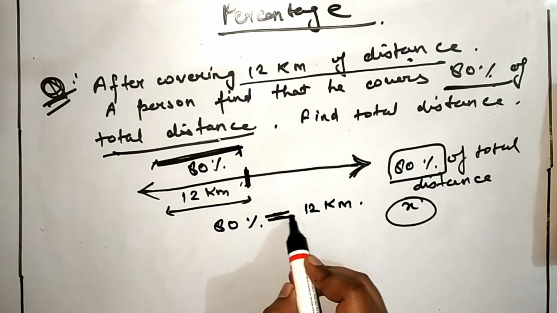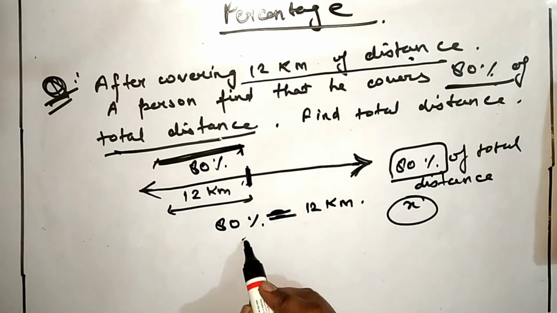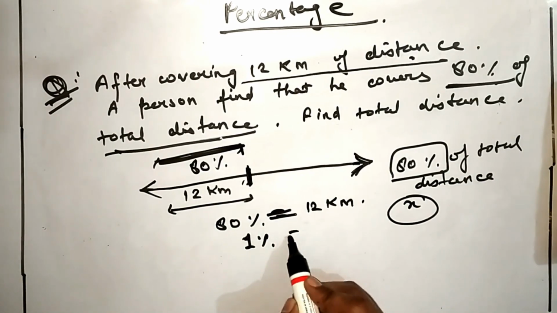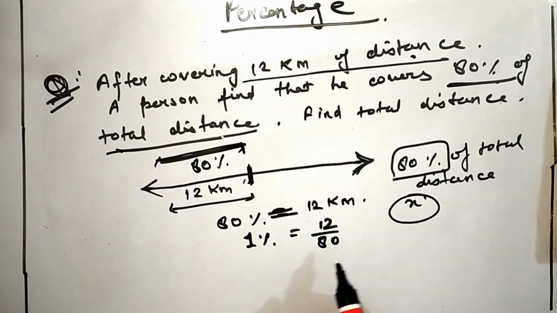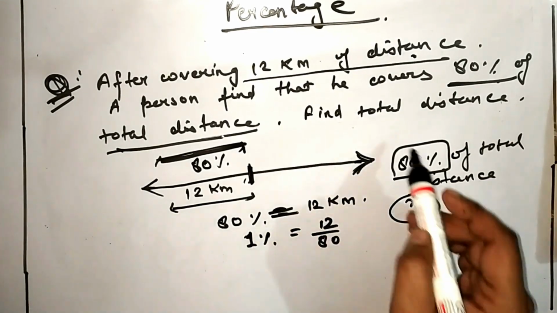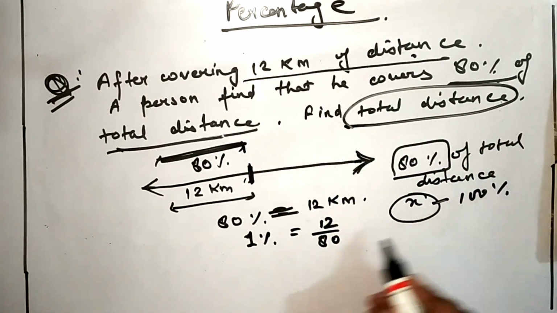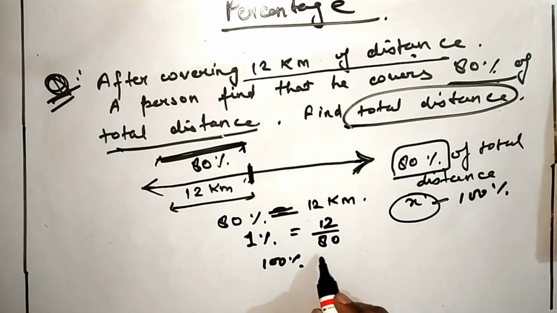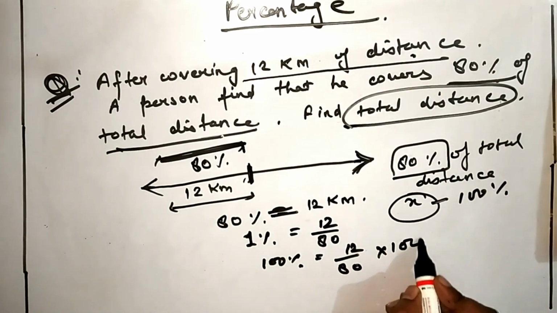So the basic way of solving this is: 80% becomes 12 kilometer. So 1% will become how much? 12 upon 80. We have to find the total distance, means we have to find x, that is 100% distance. So 100% distance will become 12 upon 80 into 100.